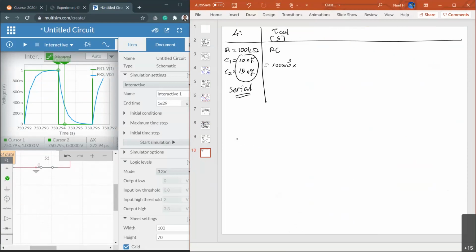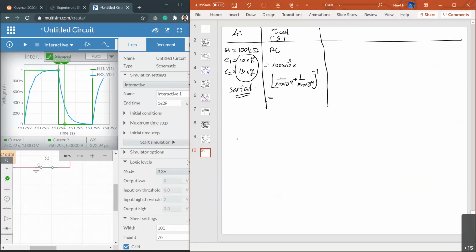When capacitors are serially connected, the equivalent capacitance is 1 over, so the 1 over 10 times 10 to the minus 9 plus 1 over 15 times 10 to the minus 9, close parenthesis, to the negative 1. You have to do that calculation to get the right value for the calculated capacitance.